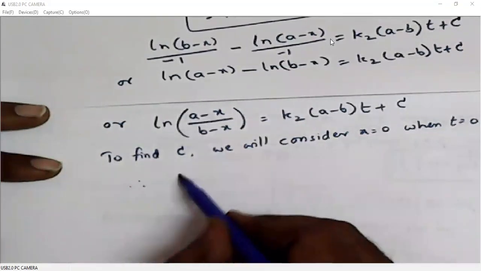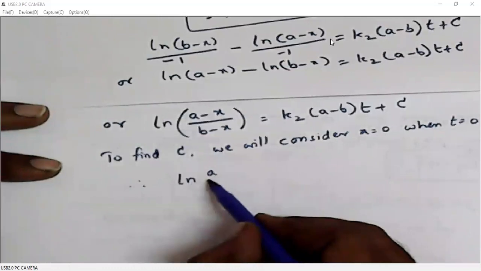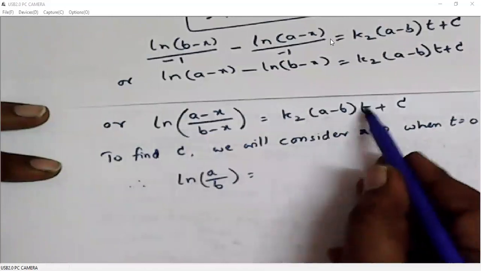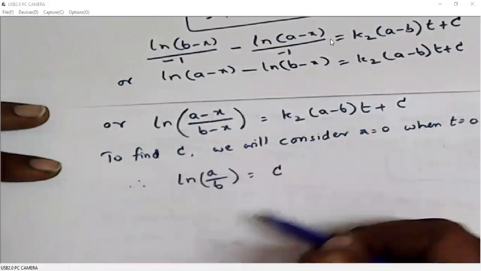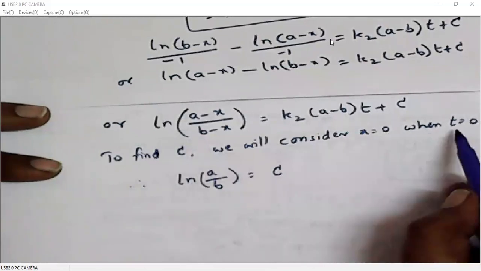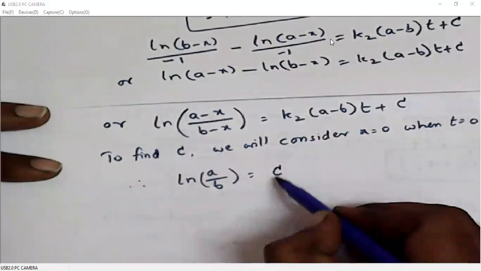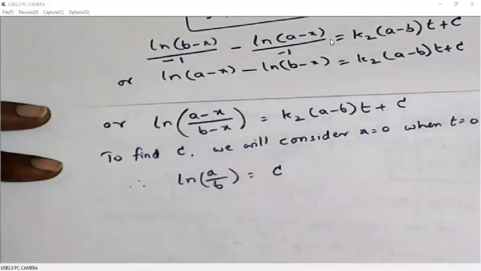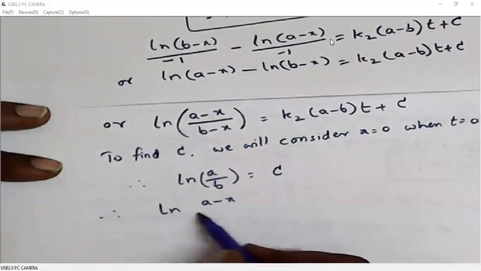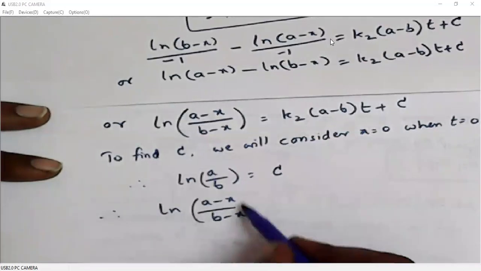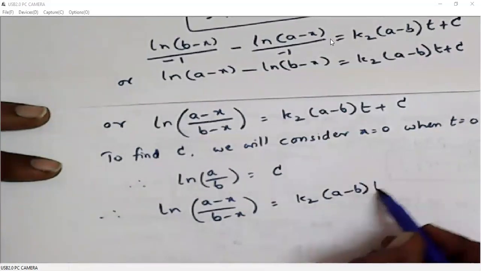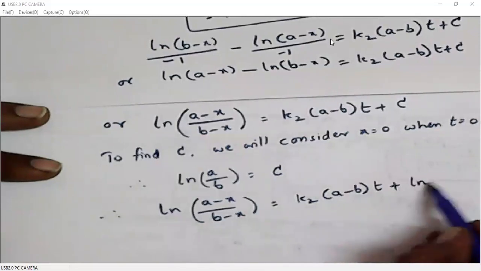Therefore from this expression, ln a minus 0 by b minus 0 is equal to some constant into 0, it becomes 0 plus c. Therefore when we substitute x as 0 at t is equal to 0, we get the c value. So the constant is ln a by b. Therefore ln (a minus x) by (b minus x) is equal to k2 into (a minus b) into t plus ln a by b.